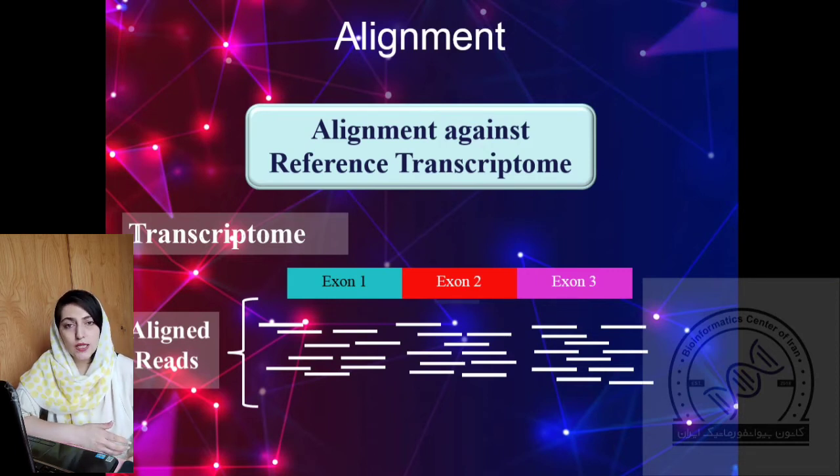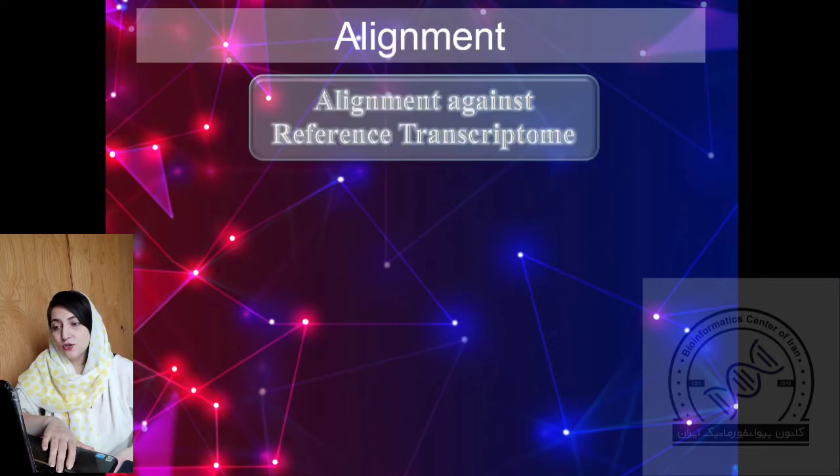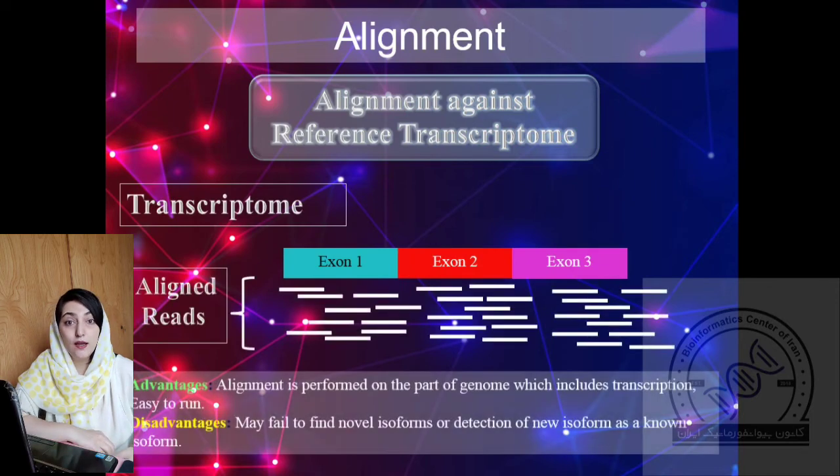As you can see, the aligned reads show exactly the reads which come from one gene, and there is no information about the introns. I should also mention that there is no information about alternative splicing or anything similar.